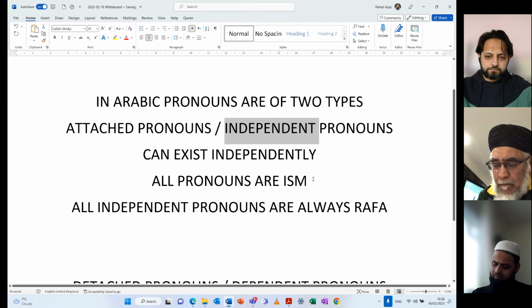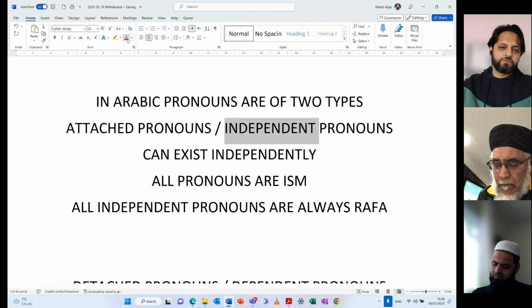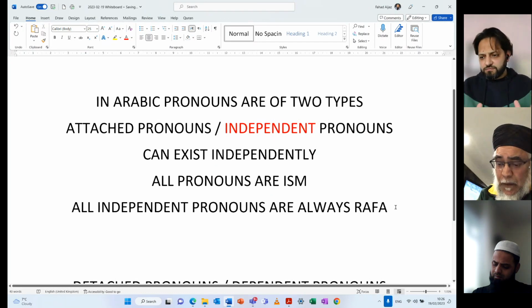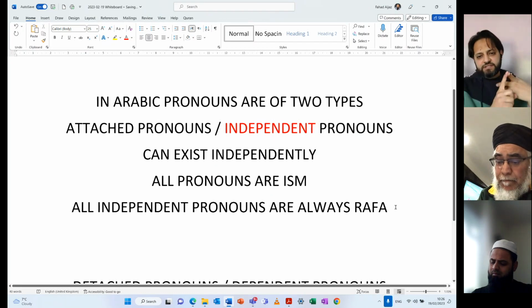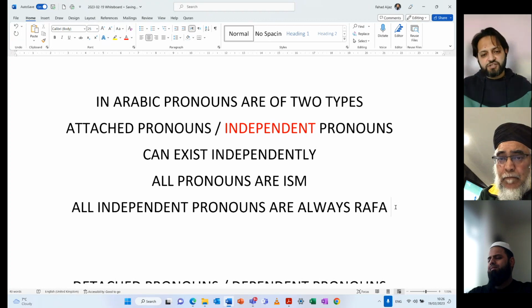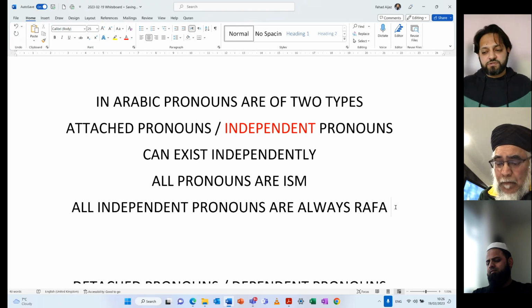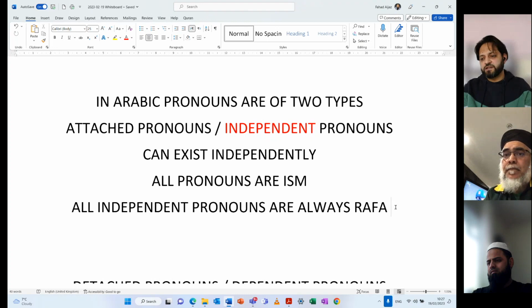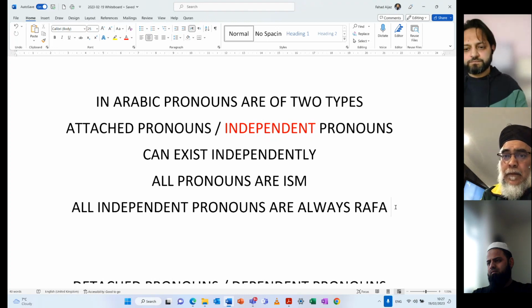Okay? Just keep that in mind. Okay, so far, three things I've told you. They can exist independently. They don't depend on any other word. They're all isms, and independent pronouns are always rafa. Regardless how you see them, where you see them, they will always be rafa, the independent pronouns. Okay?